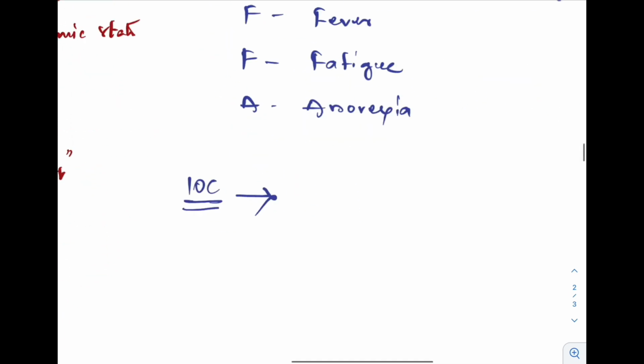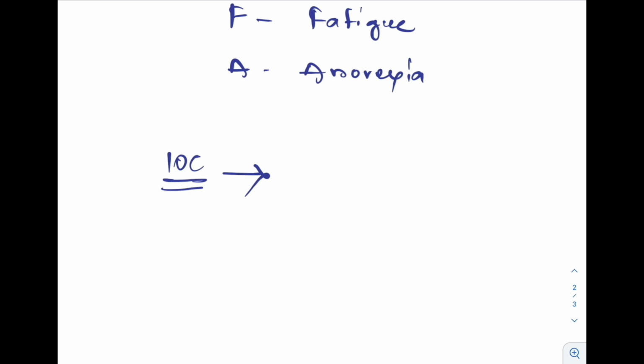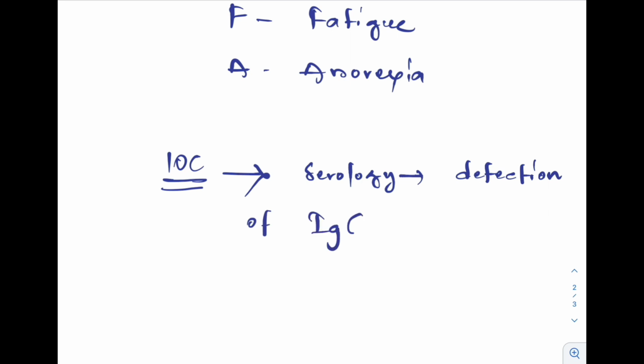So what is the investigation of choice? Here the investigation of choice will be serology. Serology is nothing but the detection of antibodies. So here also we will detect the antibodies, which are IgG antibodies against Entamoeba histolytica.